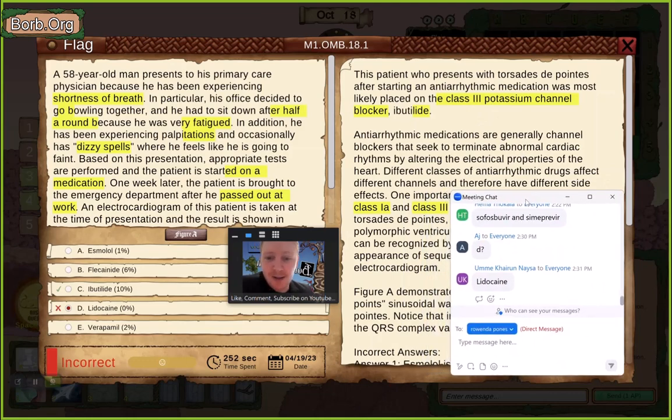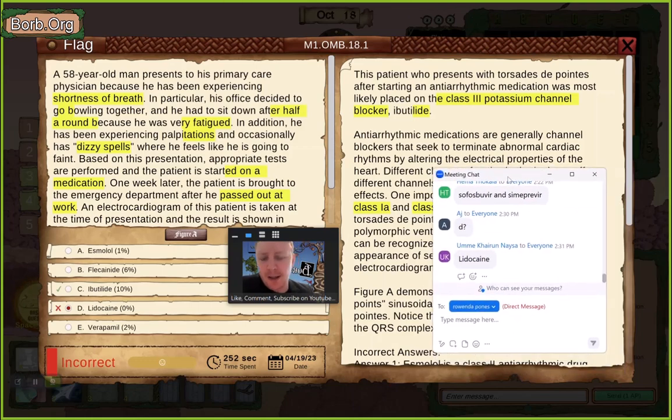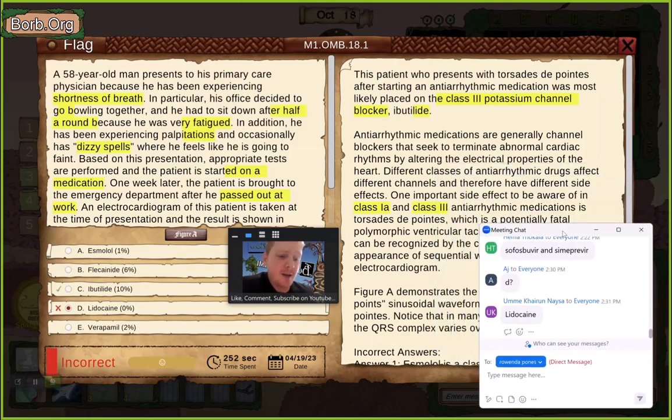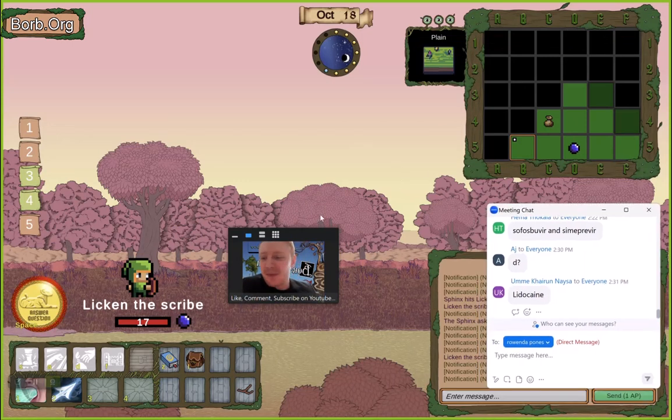So I would memorize it in different ways, so that when I think about it on the exam and somebody says ibutilide, I don't just say, oh, that's a class 3 antiarrhythmic. I also say, that causes torsades. So I skip the whole thought process and go straight for the jugular to get the question right. And then you learn the mechanisms as well. Now, I tell you that in the context of us getting the question wrong, but that's how I would memorize it if I was going to try to get it right the next time.